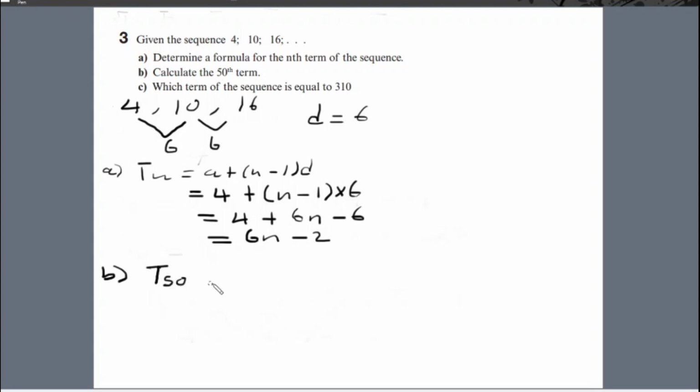So T50 is equal to 6, wherever we see n we put 50, substitute 50 lapha, minus 2.